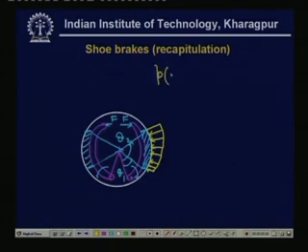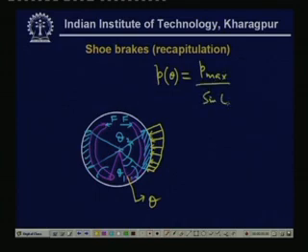So, at any angle theta, measured from this line, the pressure is P max divided by sin theta max times sin theta, and the maximum value of theta is theta 2. So, this is the distribution of P.